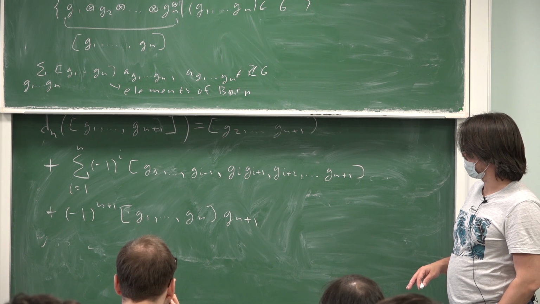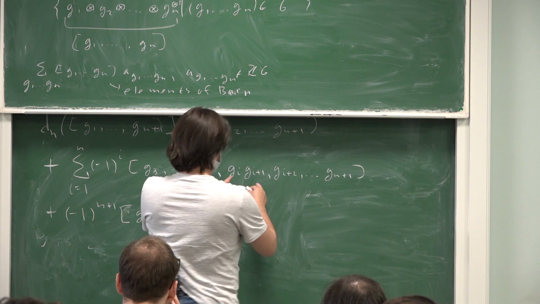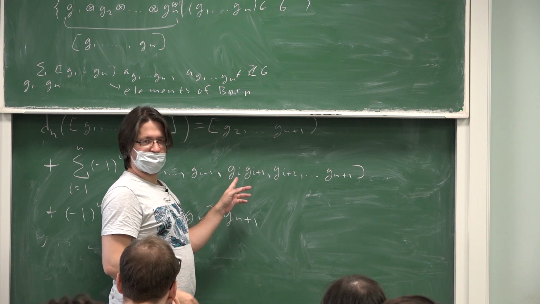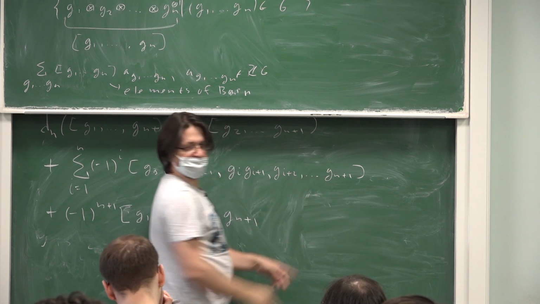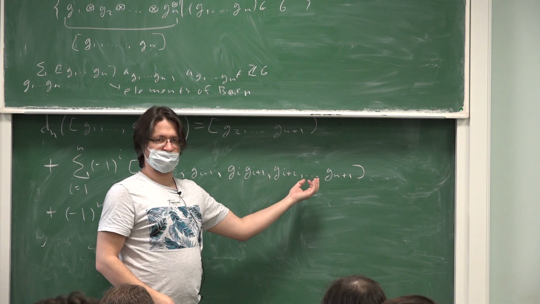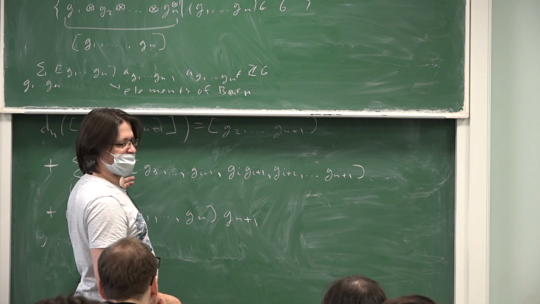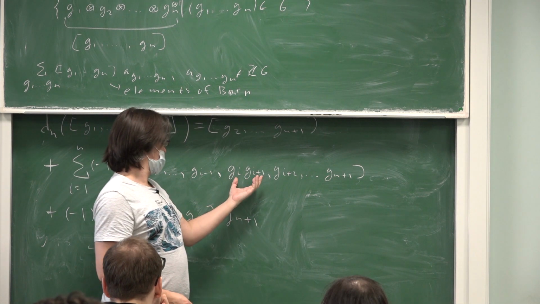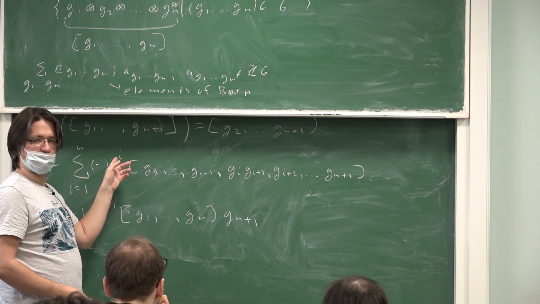Because for example, if you glue together gi and g(i plus 1), and gj and g(j plus 1), then you can glue first gj and g(j plus 1), and multiply by minus 1 in the jth power, and then gi and g(i plus 1), and multiply by minus 1 in the ith power.